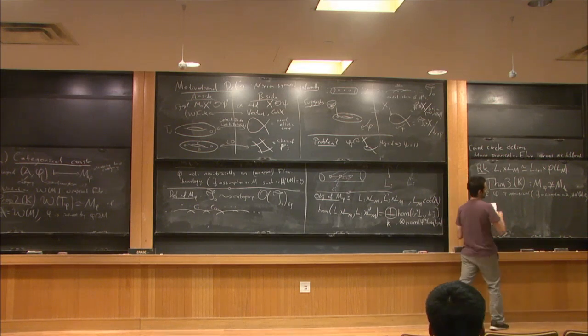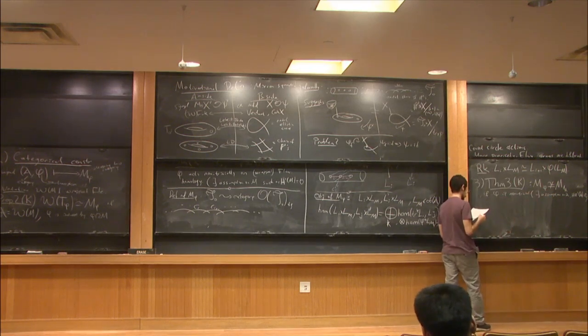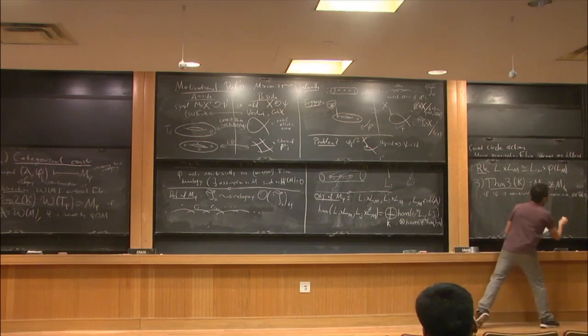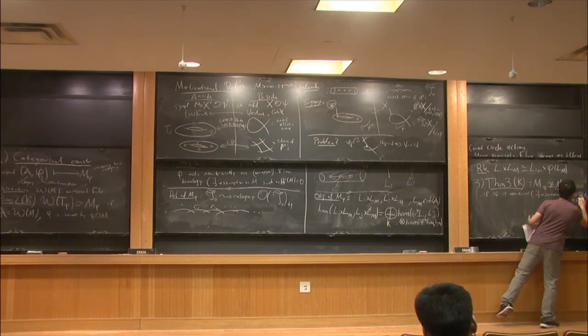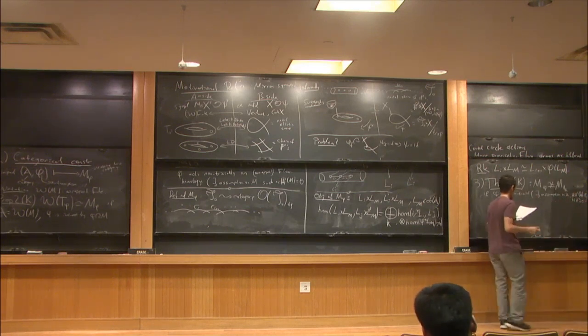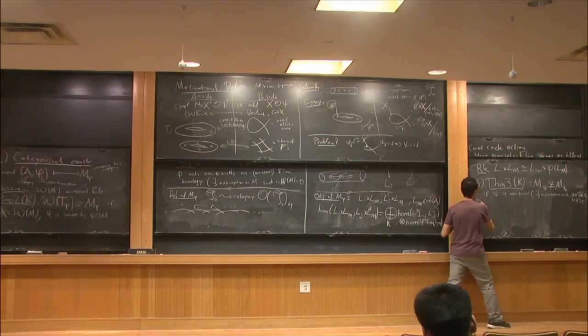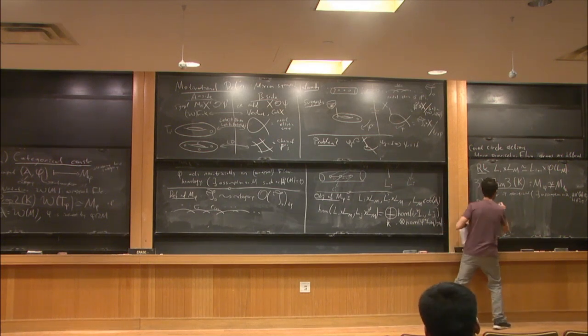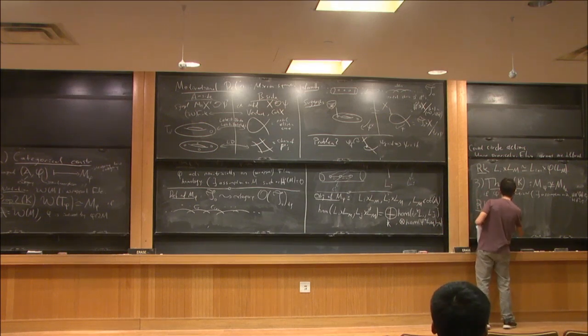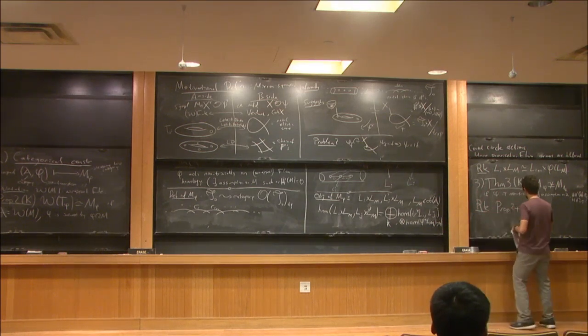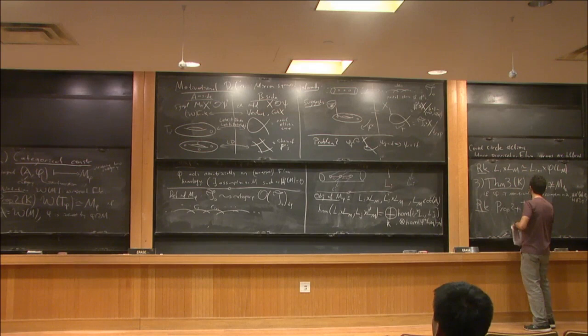And similarly, I assume HH upper 2 of A is 0. And just the remark, the proposition I stated under the name proposition 2, and this theorem actually imply the first theorem.